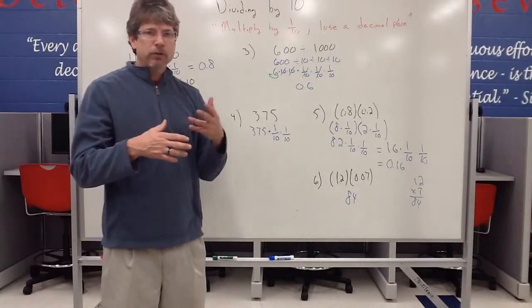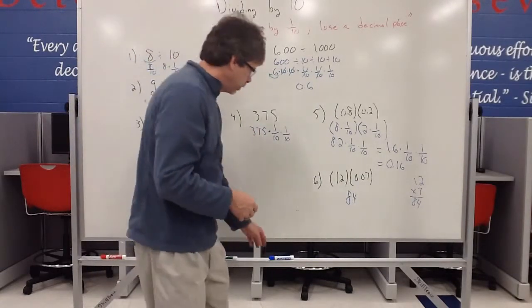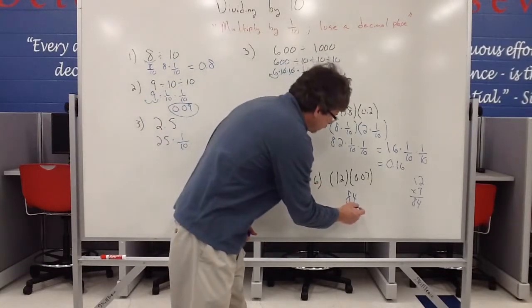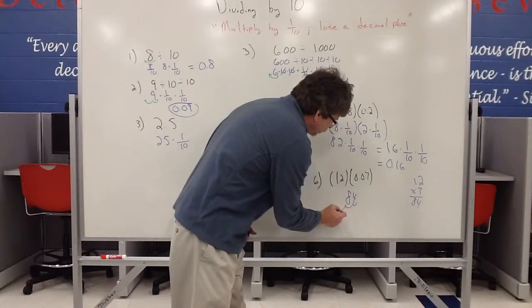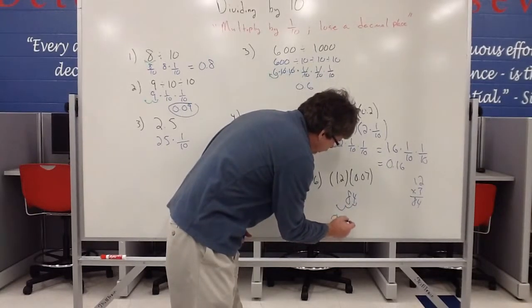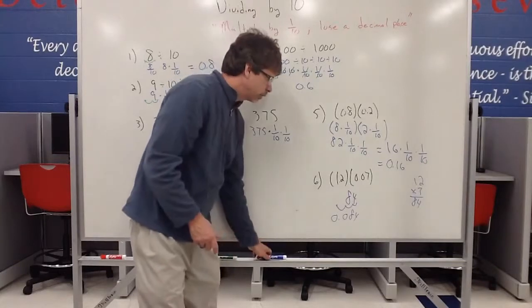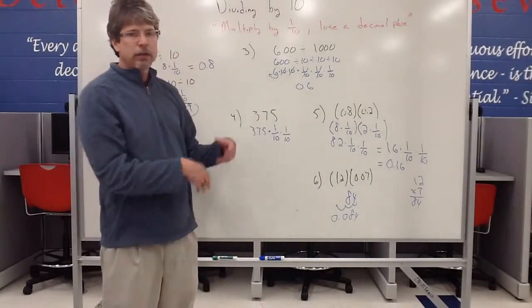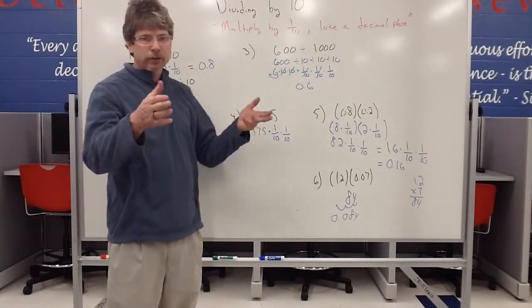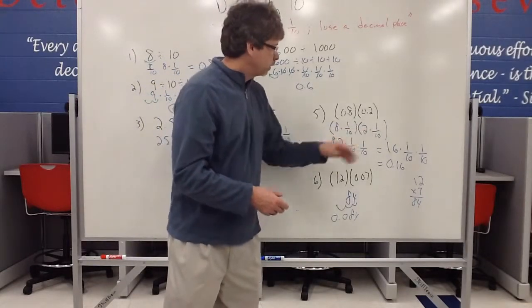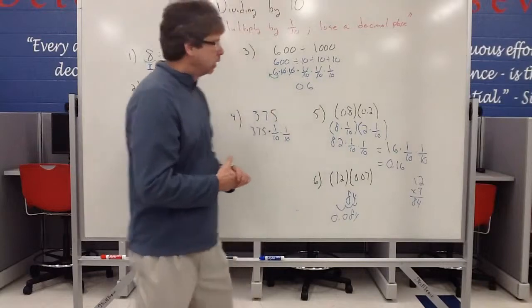I still got to put those 3 decimal spots back in the answer. So to put those 3 decimal spots back in the answer, what this is telling me I can do is slide the decimal over 1, 2, 3, and that would give me 0.084. So that's kind of our shortcut to multiplying decimals, is you can kind of leave the decimal out and then multiply and then stick the decimal back in because of this concept here that we are allowed to pull that 1/10 out and put it at the end.